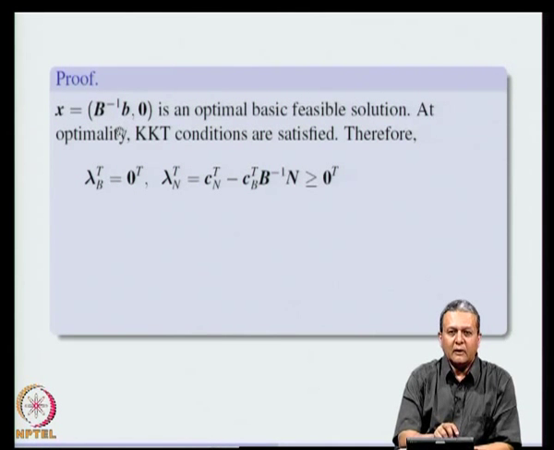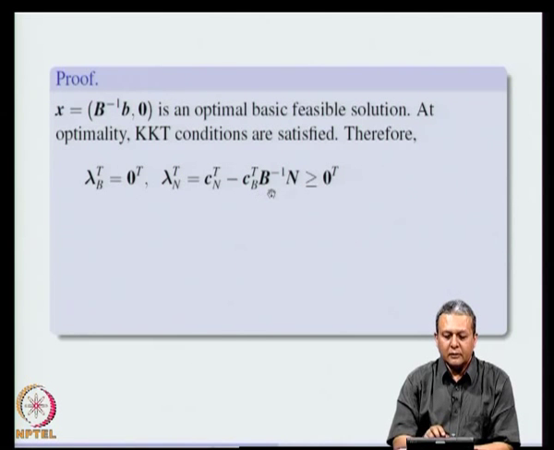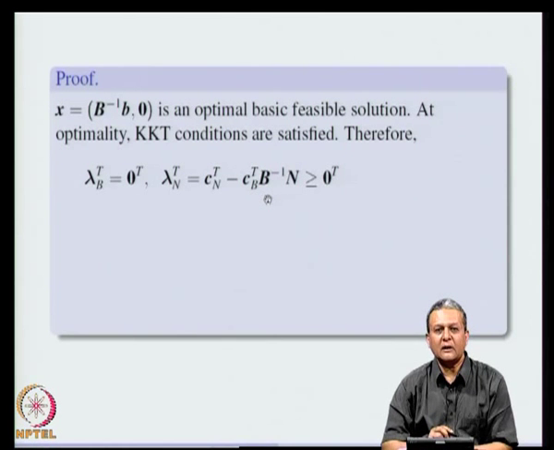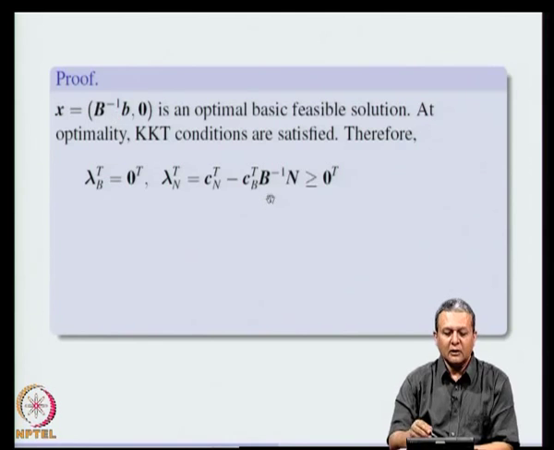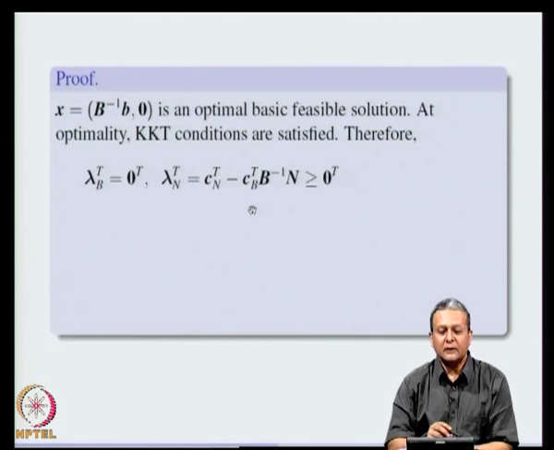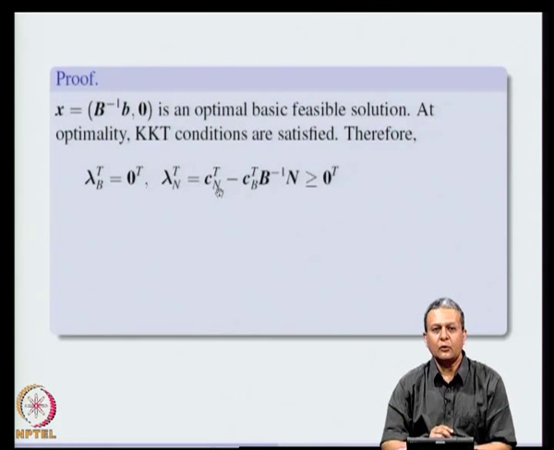So, if x_i is greater than 0, which is the case for x_B, the corresponding component of lambda has to be 0. And for the non-basic variables, lambda_N is non-negative. This is from the KKT condition. So, given this solution, we know that these two conditions should hold.